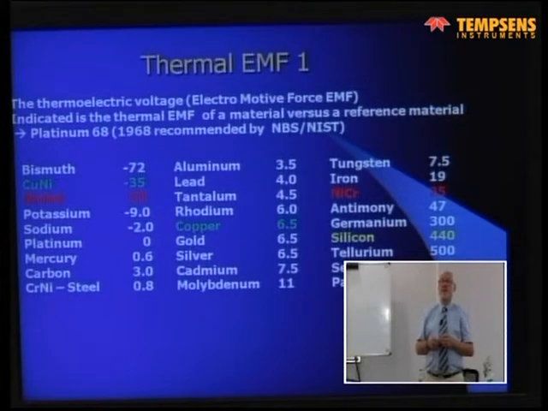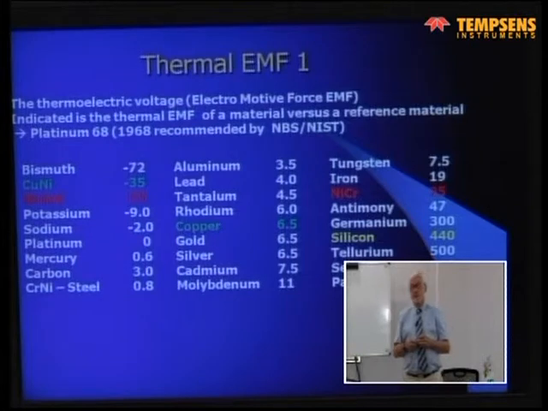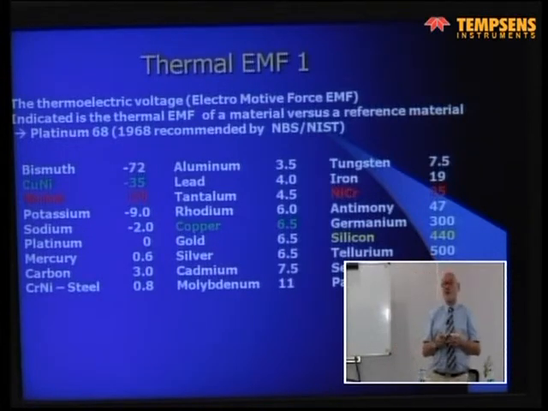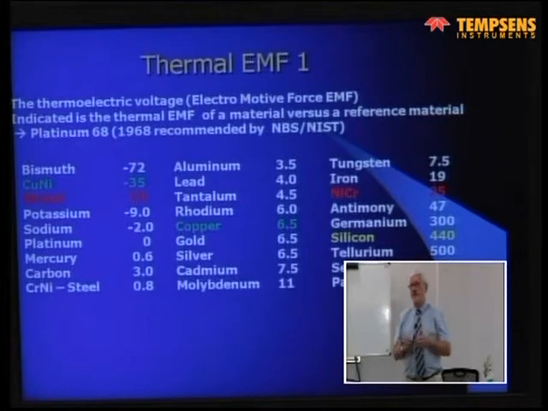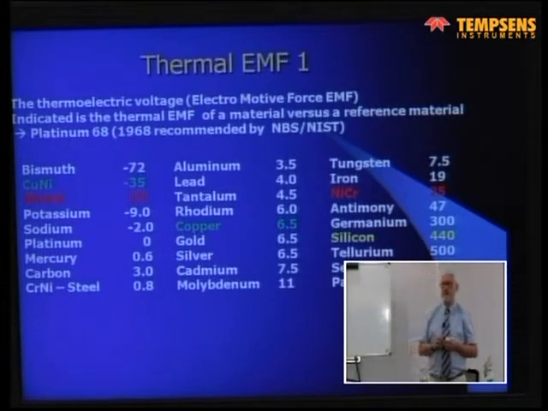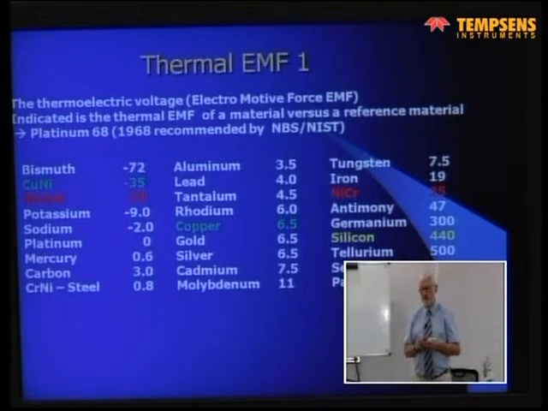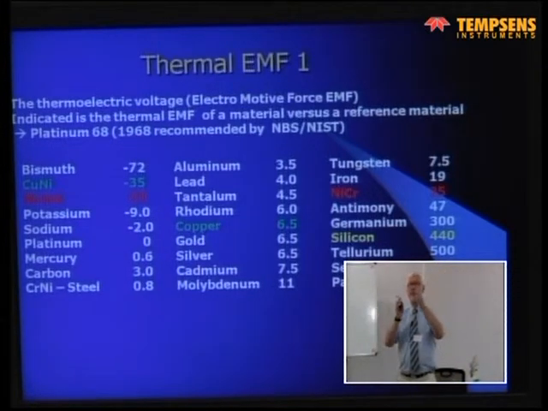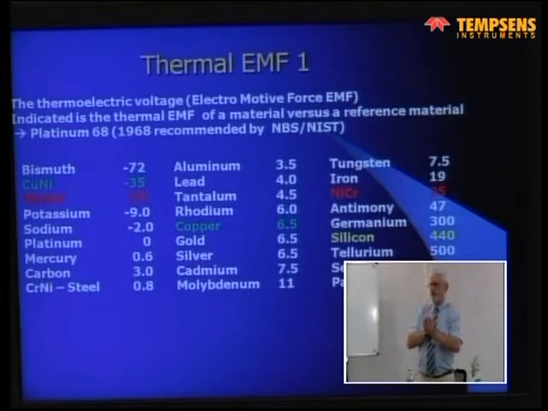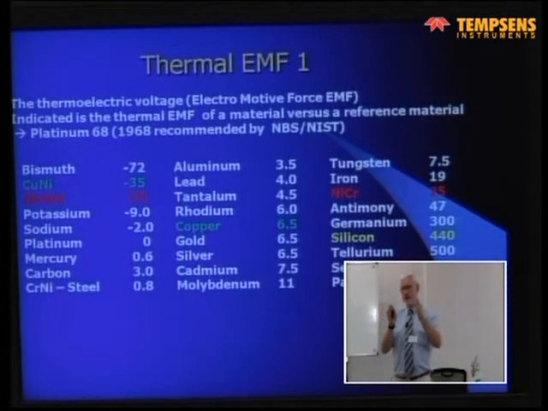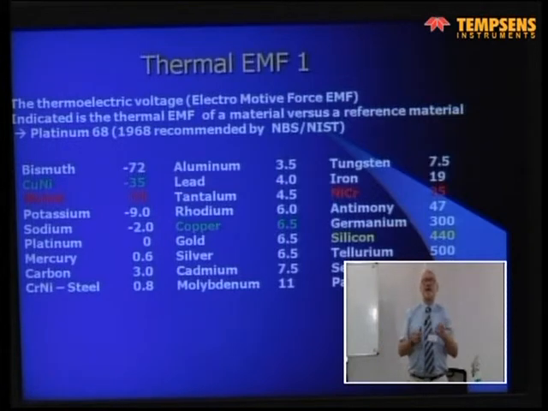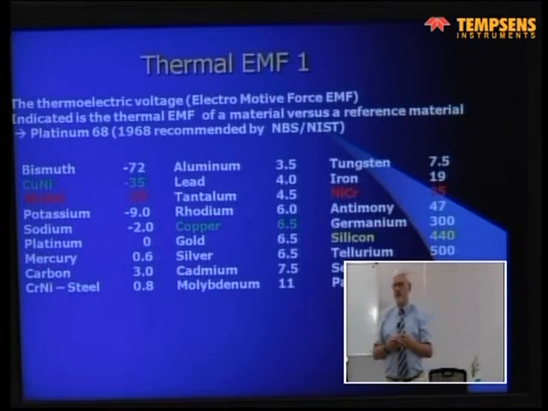In the middle column you see copper, which produces plus 6.5 microvolts per Kelvin against platinum 68. If you combine the copper-nickel and the copper wire to form a thermocouple, you simply add the two values unaffected by the sign, and you find about 41.5 microvolts per Kelvin.